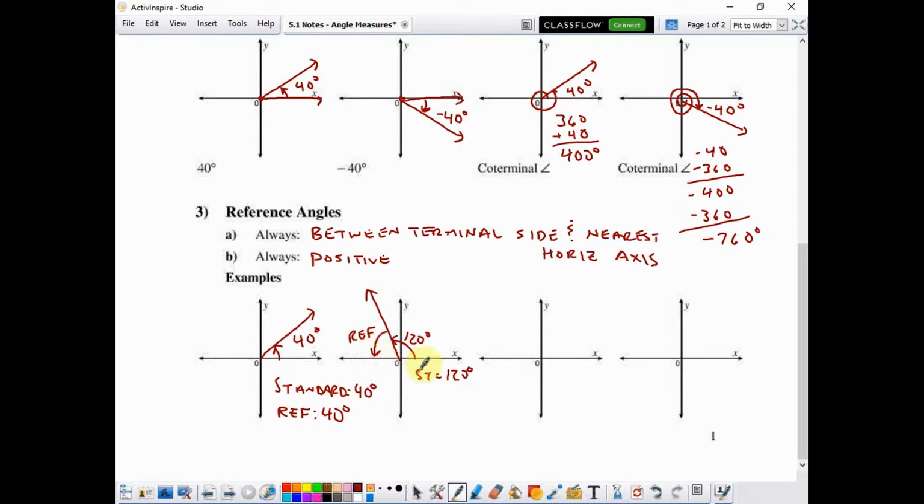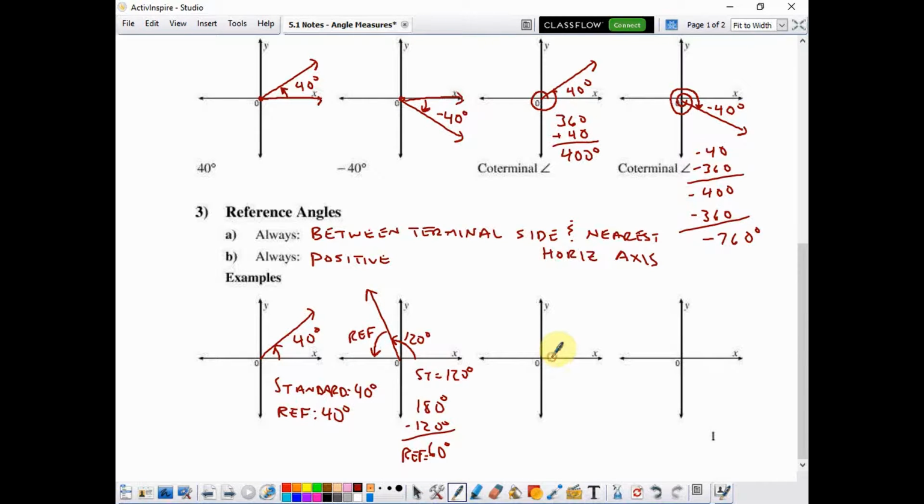To find that, had we gone all the way, we would have been at 180 degrees, and I need to subtract that 120. 180 degrees minus 120 degrees is 60 degrees. That is the reference angle, 60 degrees.